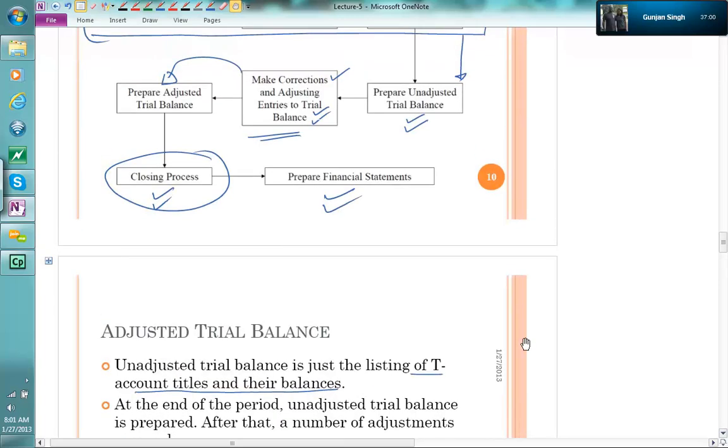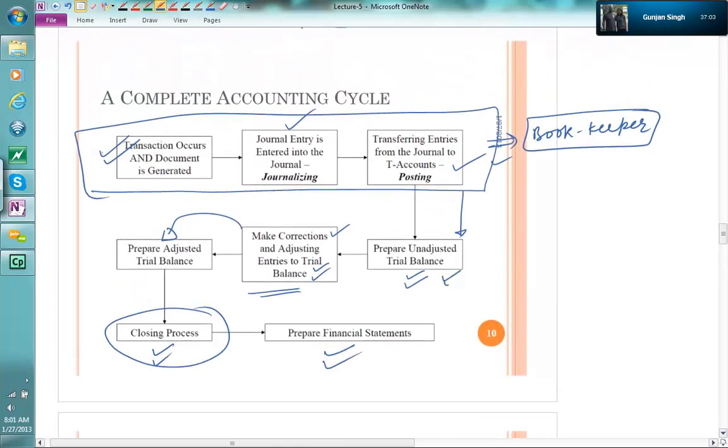So that's why, just look back here, first we prepare the unadjusted trial balance and we ask, okay, is everything alright? Whatever transaction entries have been made by the day-to-day bookkeeper, is it correct or not? Once everything is correct, his work is done.